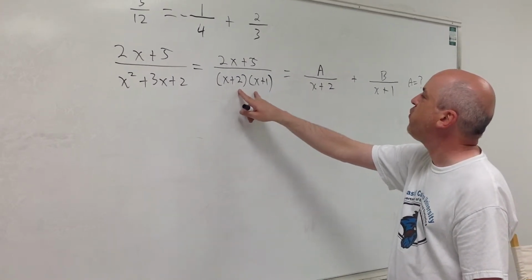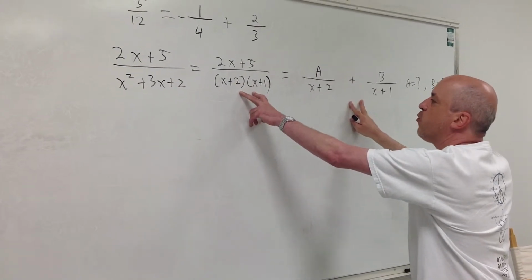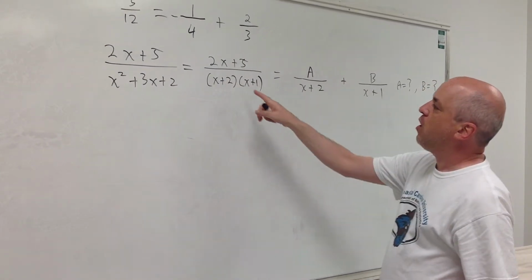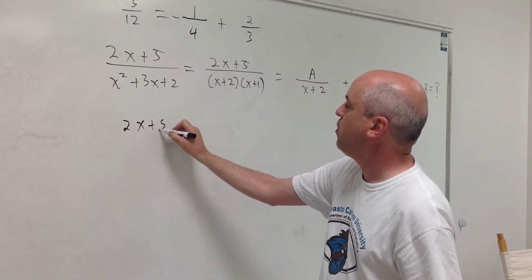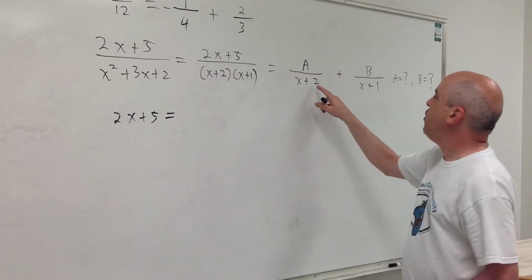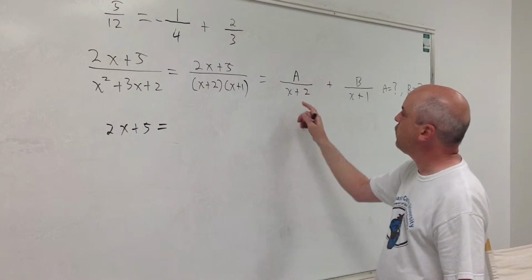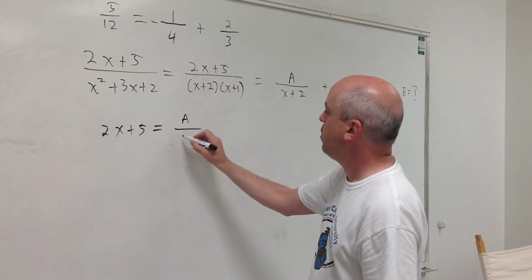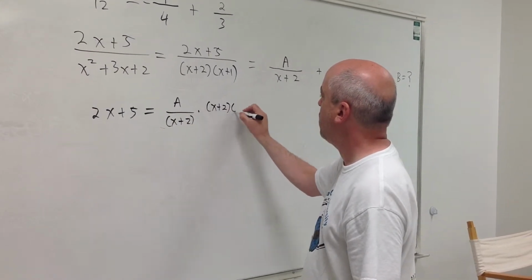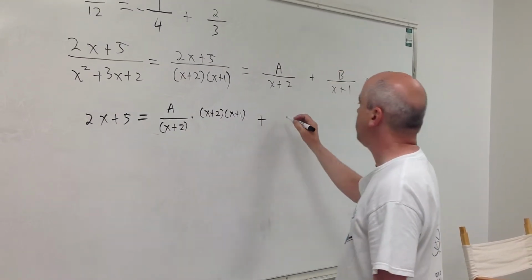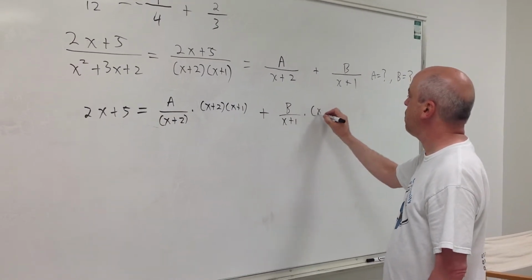I'm going to multiply both sides of this equation by x plus 2 times x plus 1 to get rid of the fractions. Now when I do it on the left-hand side here, I end up with 2x plus 5. Now both of these terms over here will also be multiplied by x plus 2 times x plus 1. I get this plus b over x plus 1 times the same thing.